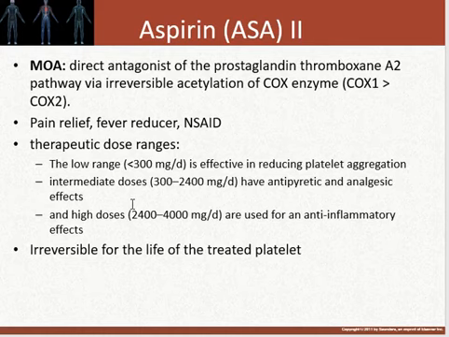The therapeutic dose ranges are there. Again, you don't have to memorize them per se, but from a clinical standpoint, it's good to know. Low-dose aspirin is typically reserved for the platelet inhibition effect. You can see high-dose aspirin for antipyretic, so fever inhibiting, and high doses for anti-inflammatory effects.